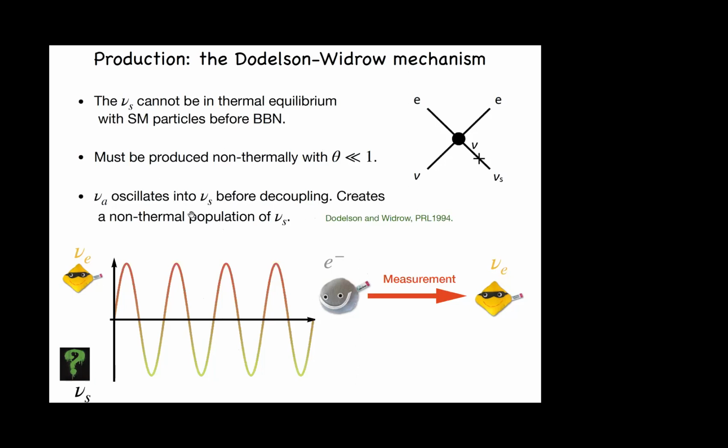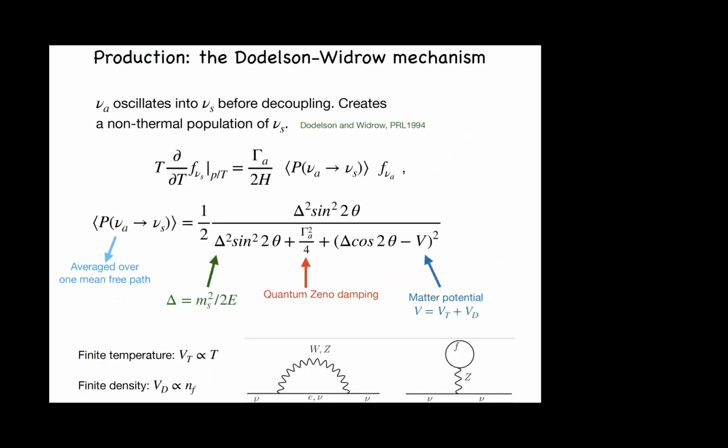This ensures that the sterile neutrinos are not in thermal equilibrium, and it produces a certain non-thermal population of sterile neutrinos. Roughly, this is what the Dodelson-Widrow mechanism predicts. It allows you to produce the sterile neutrinos collisionally through oscillations of the active neutrinos into sterile neutrinos, and it can evade all the BBN bounds. So that's nice. But all I told you was a nice story, and the question is, can you define it mathematically?